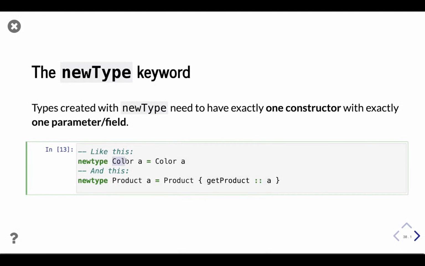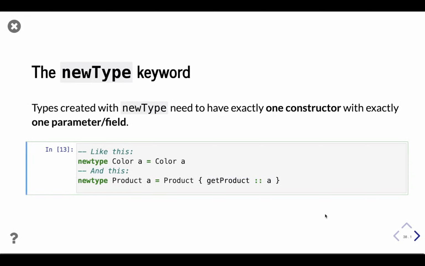We have the Color data type that has one constructor and one parameter. So we can use newtype instead of the data keyword. We also have the Product type that has one constructor, the Product constructor, and has one single field. So instead of using data, we can use the newtype keyword.